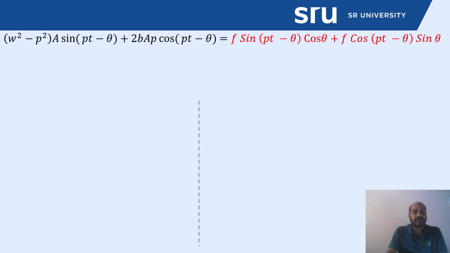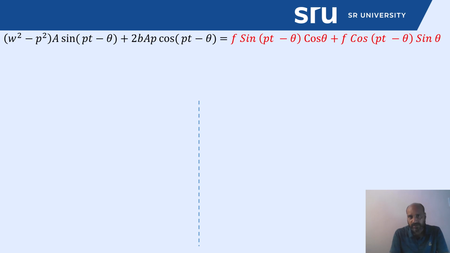Right, where we ended the previous slide. On the left side of the equation: (omega square minus p square) A sine of (pt minus theta) plus 2bAp cos of (pt minus theta). On the right side of the equation: F sine of (pt minus theta) cos theta and F cos of (pt minus theta) sine theta.